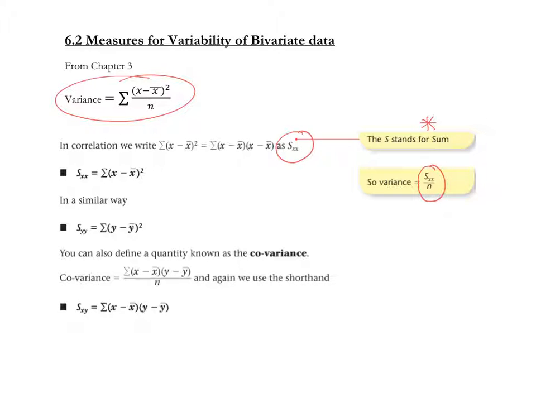And this quantity is known as the covariance, and these are used to find out how X varies with Y. So that's two variables, X and Y, and how they vary with each other.